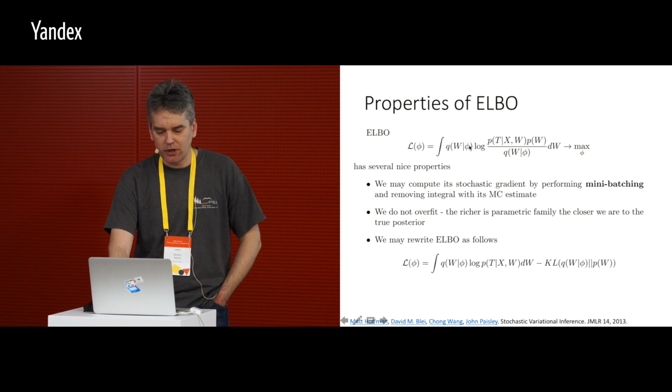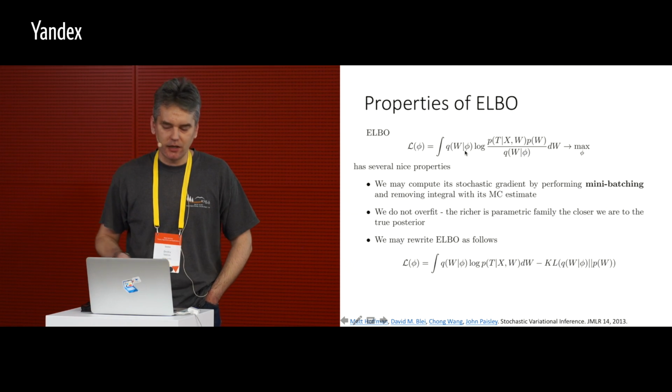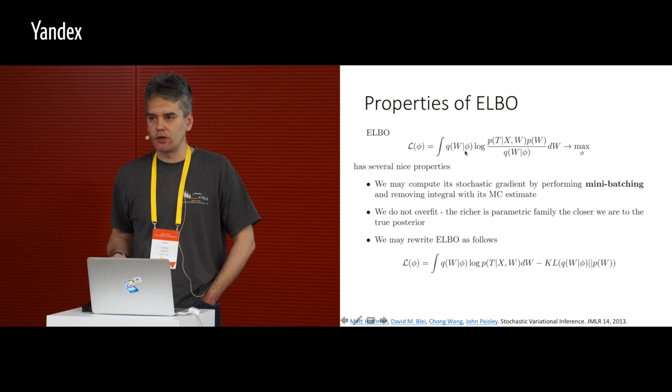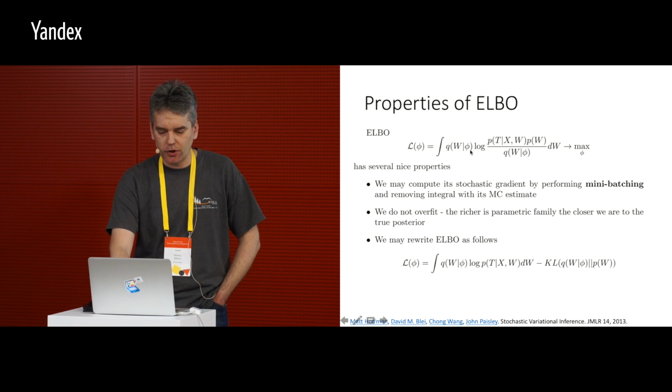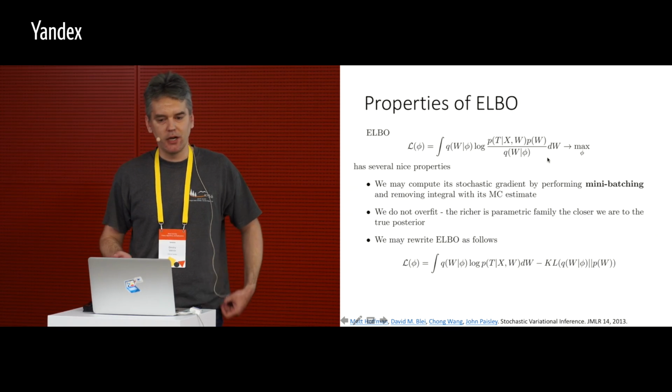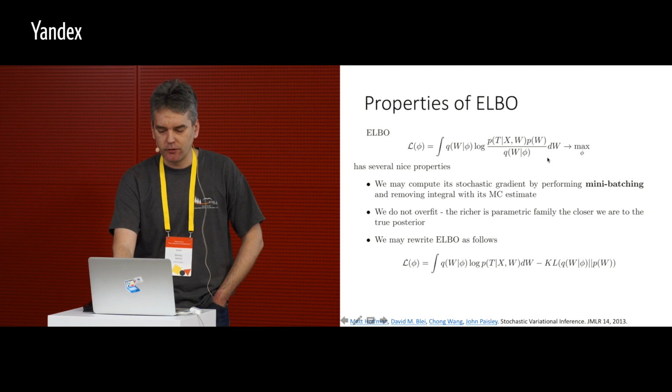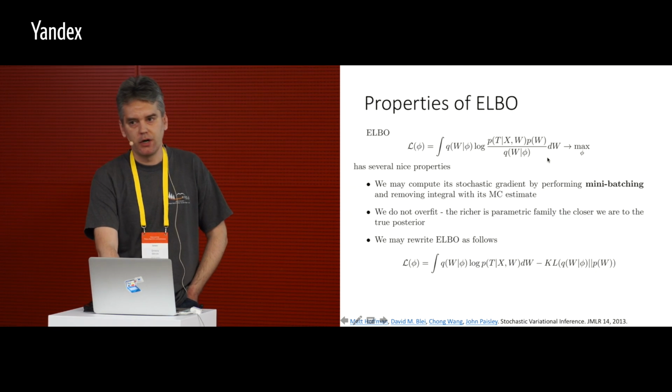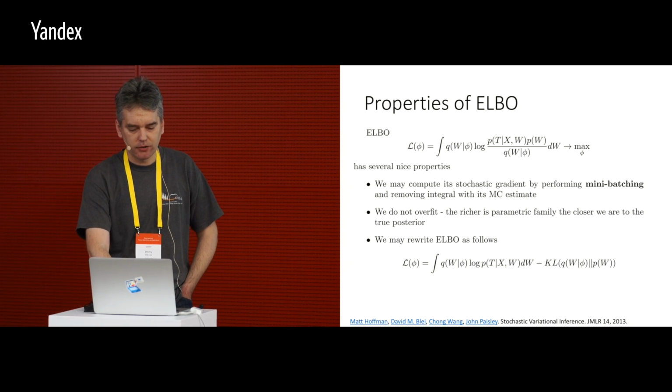And this is an expectation, and an expectation can again be easily approximated with a Monte Carlo estimate. So the computation of stochastic gradient is quite easy, and although we cannot compute the function itself, we may more or less efficiently optimize it using stochastic gradient descent or any kind of its modifications.